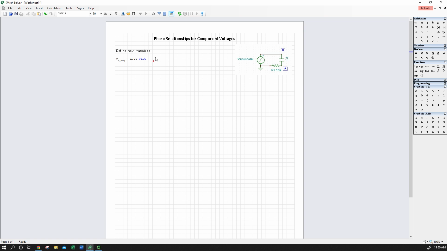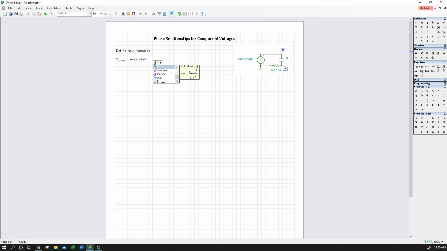So now I'm off to define the angle that's associated with that sinusoidal voltage signal. Because we're in AC, we got a magnitude, we got 1 volt. What's the phase angle? So I'm going to repeat the same procedure. My colon.